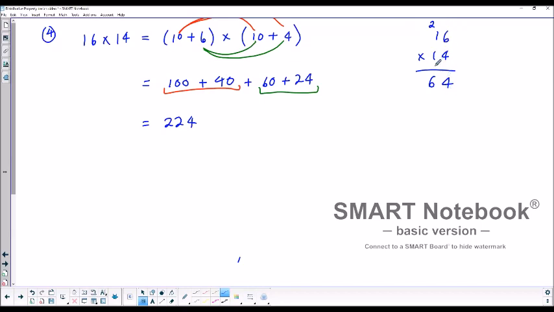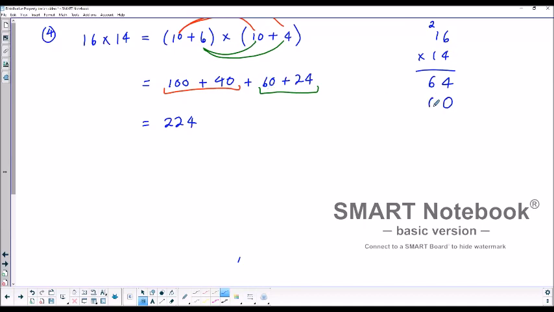Okay, now we're multiplying by this 1, but that 1 is in the tens column, so we're actually multiplying by 10. So we're going to hold the space of the ones, so we're going to be multiplying by tens, and 1 times 6 is 6, but remember we're multiplying by 10, so it's actually 60, and this 6 times 10 gives us 60 here.